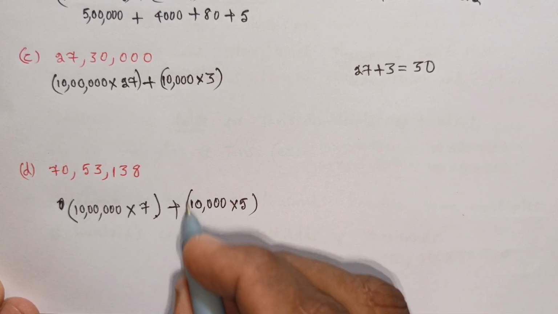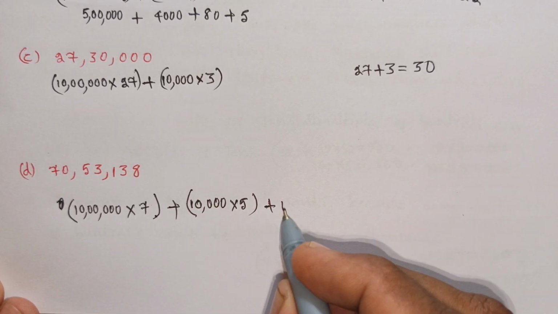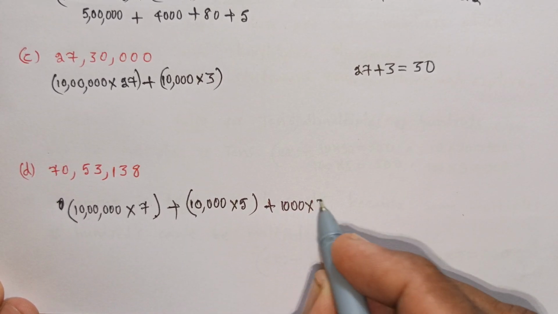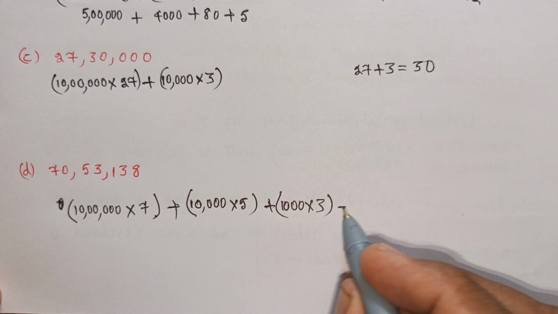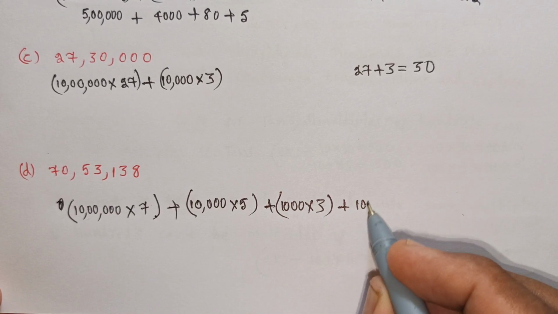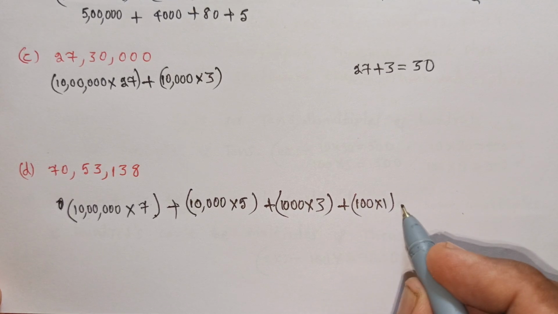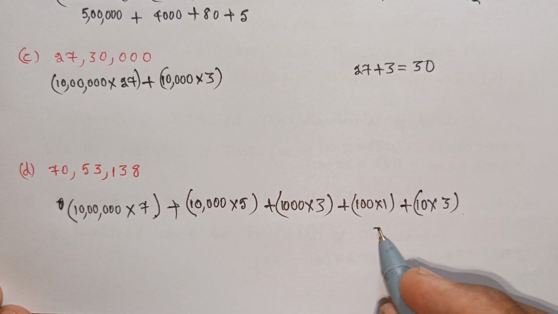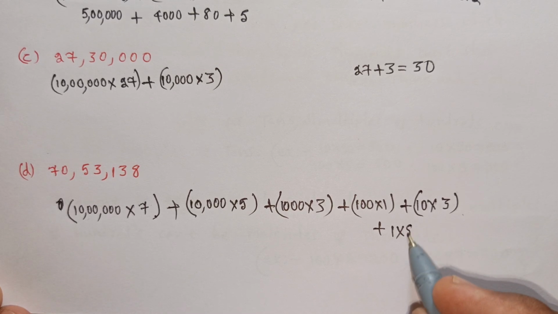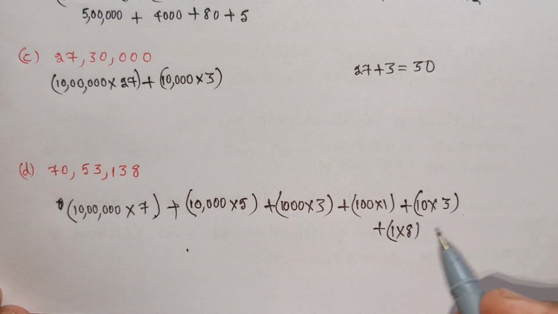Multiply with 5, we will get 50,000, plus the 1000 button into 3, you will get 3000, plus the 100 button one time you press, plus the tens button you press 3 times, plus the 1 button 8 times. So you will get the same result here.